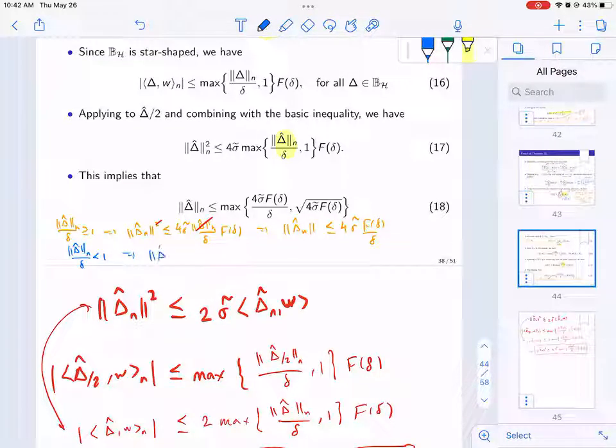So you get delta hat n squared less than 4 this times f delta, right? And then you take the square root. You get root 4 sigma f delta.